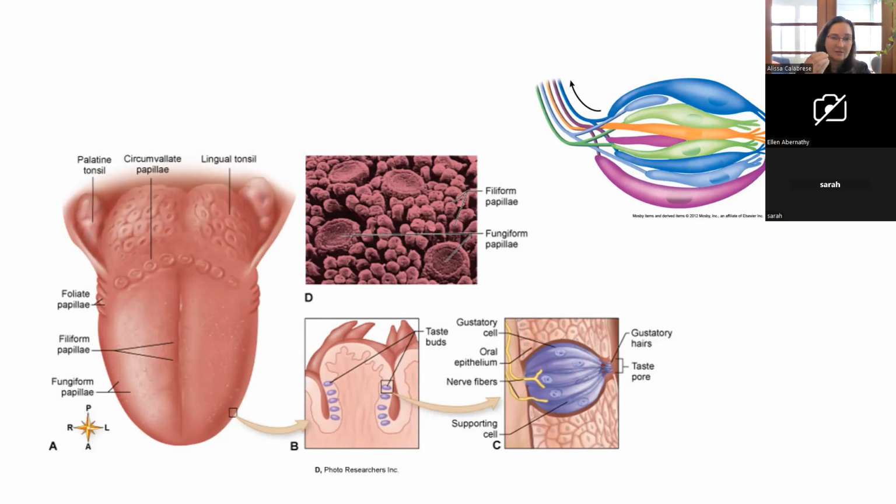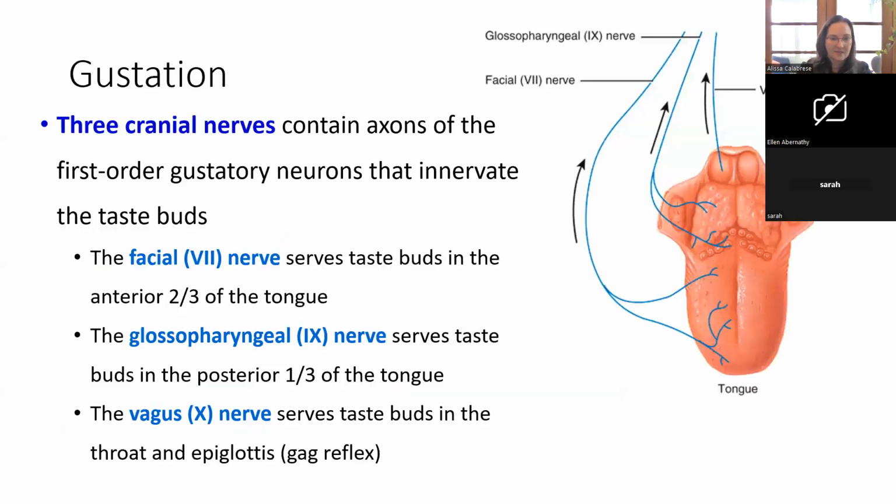It has to dissolve in the saliva, and the saliva has to carry it down into these little valleys. And then it can be perceived. When you have dry mouth, for example, you might have a weakened sense of taste just because you don't have the saliva necessary for the chemicals to dissolve down into those valleys.